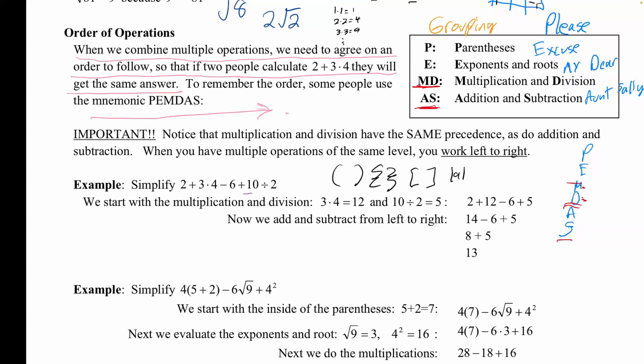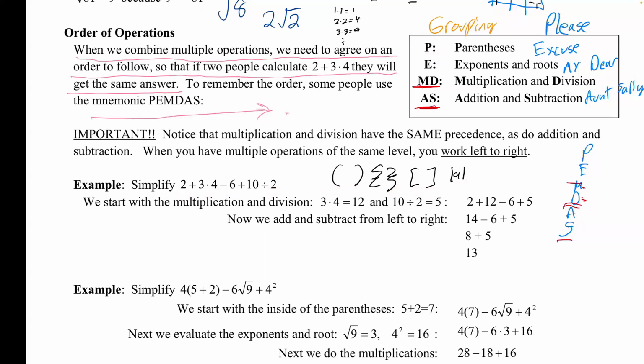So in my brain, the first thing I'm thinking is, are there any parentheses? So I'm looking for these, or something like this. Something that groups it. Do I see any grouping symbols here? No, there is none. Okay, well, next I'm going to check for exponents.